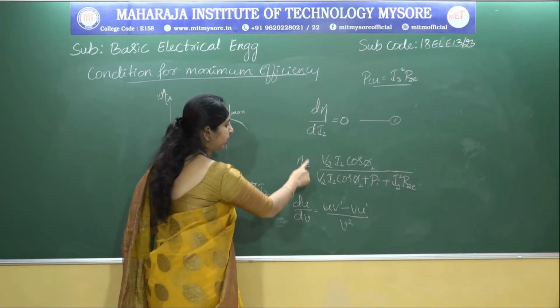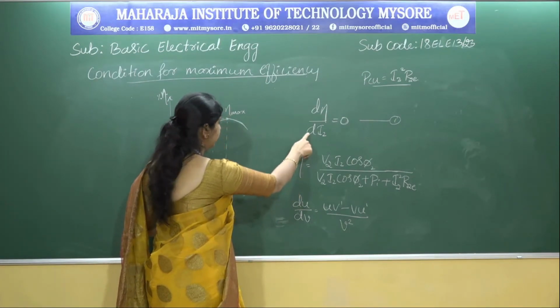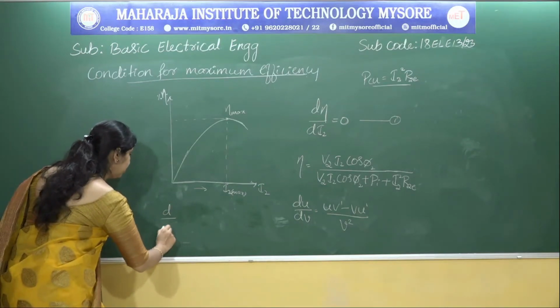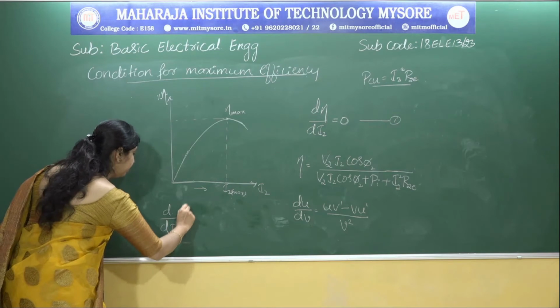Now I am simplifying the eta equation here. We differentiate eta with respect to I2.